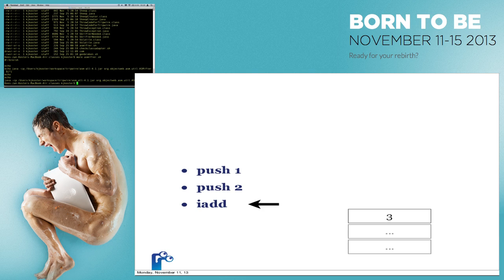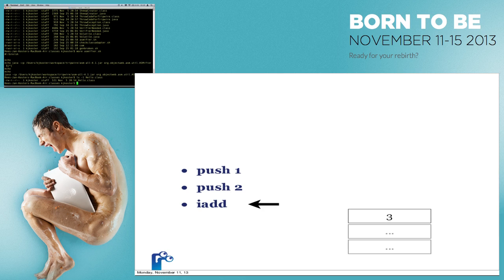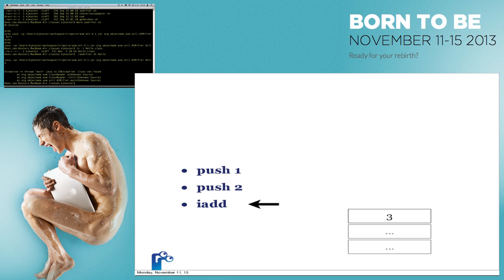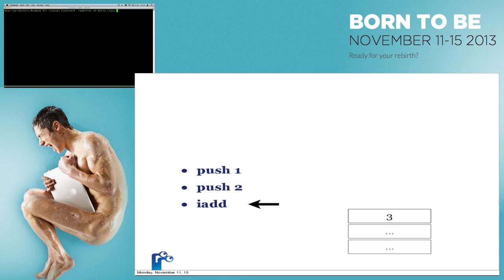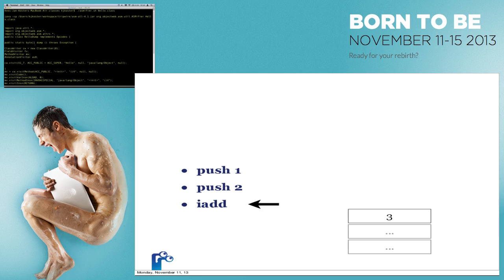I'll show you. All right, so we've got hello.class. And if I now take ASMifier, I think I need to feed it this. No. Some of them want the class name, other ones want the file name, and it's really confusing. I'll do it like this. I'll scroll. Bang.